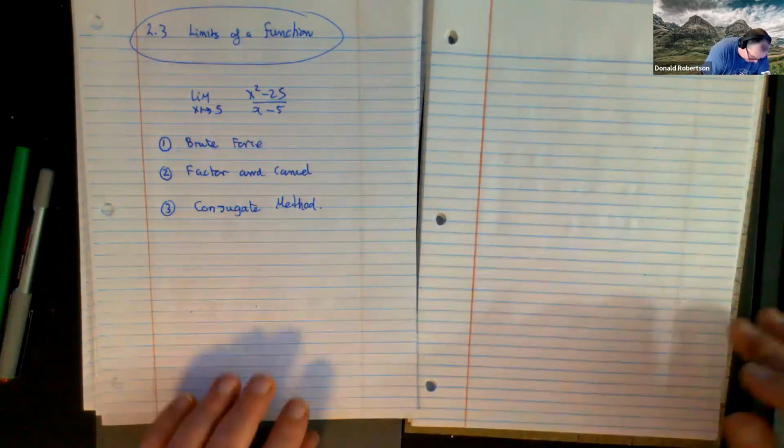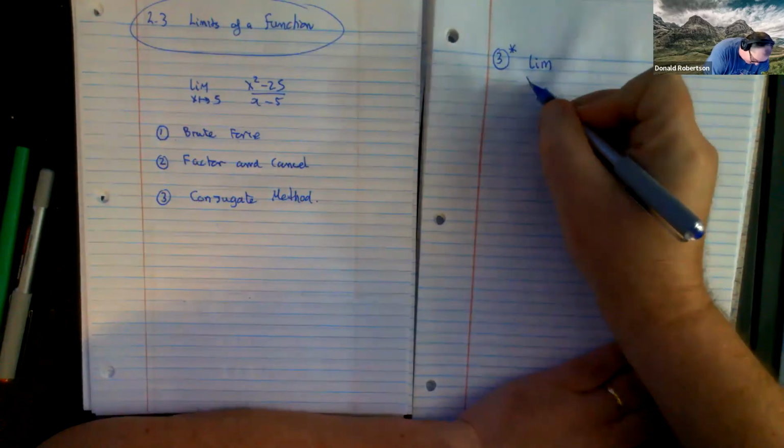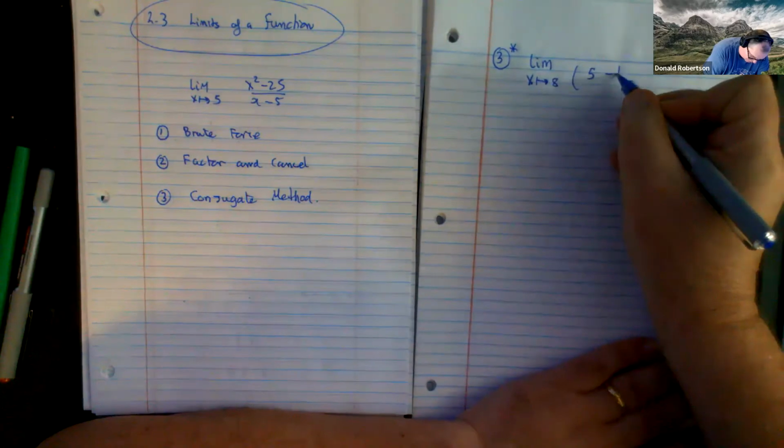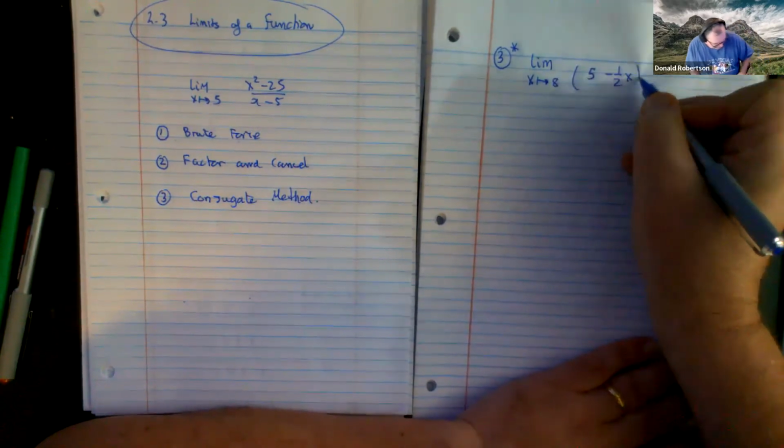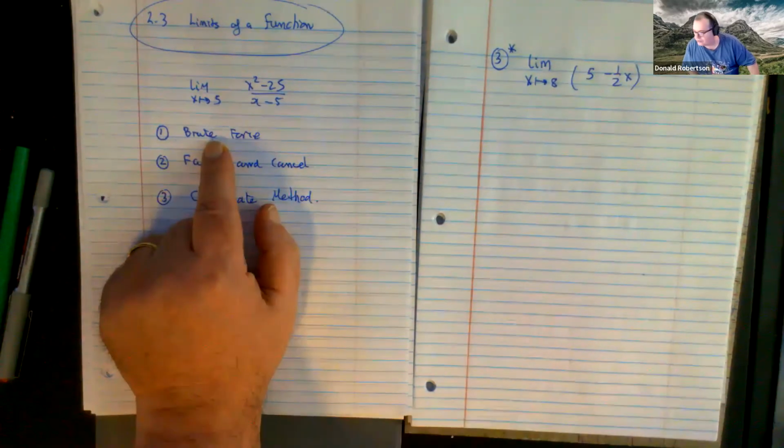So let's show you how simple some of these questions are going to be. This is a version of question 3. They want the overall limit as x tends to 8 of 5 take away 1/2 x. I tend to do brute force first, because if I can get the answer, why bother making life hard for myself?